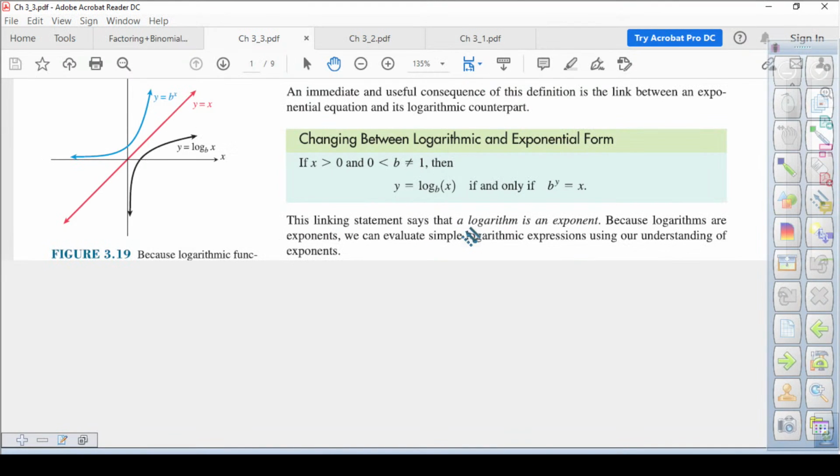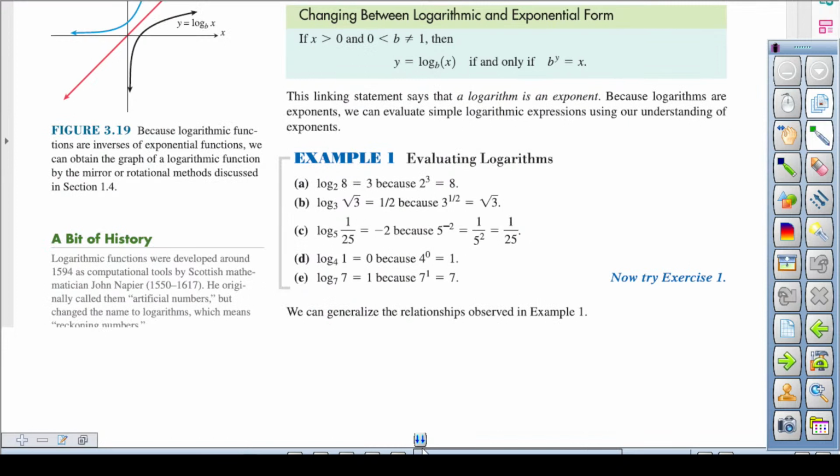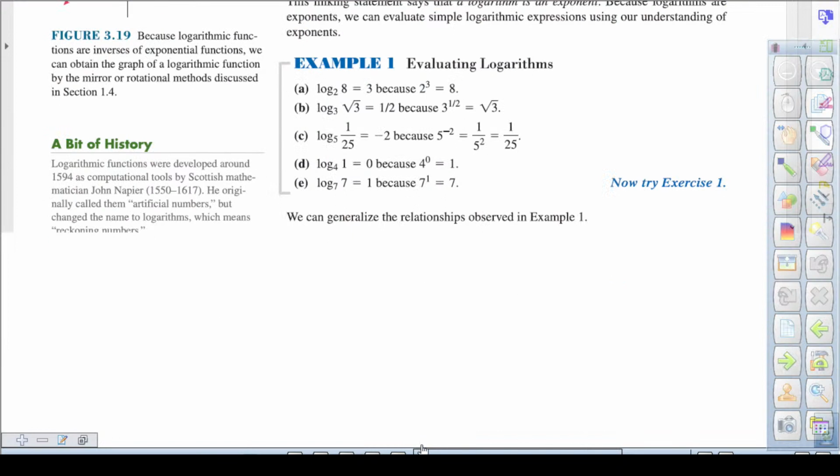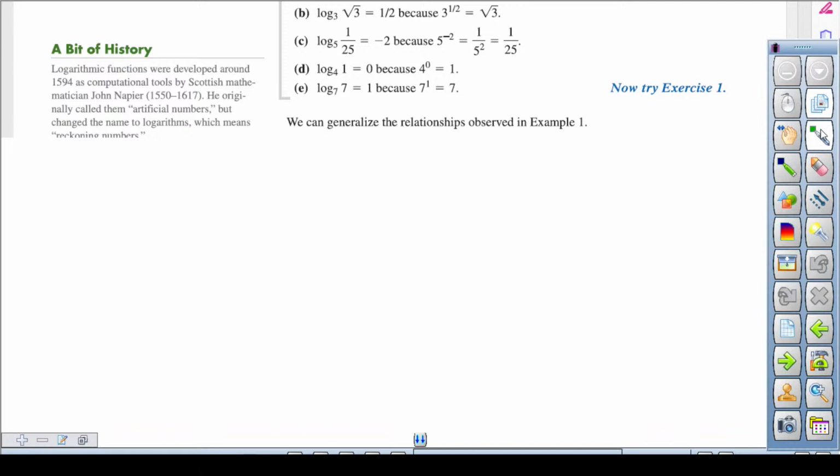Okay. How do you go from the logarithmic to the exponential? I'm going to spend time here. Make sure you take notes, okay? How do you go from logarithmic to exponential? I'm going to go here and put log to exponential.